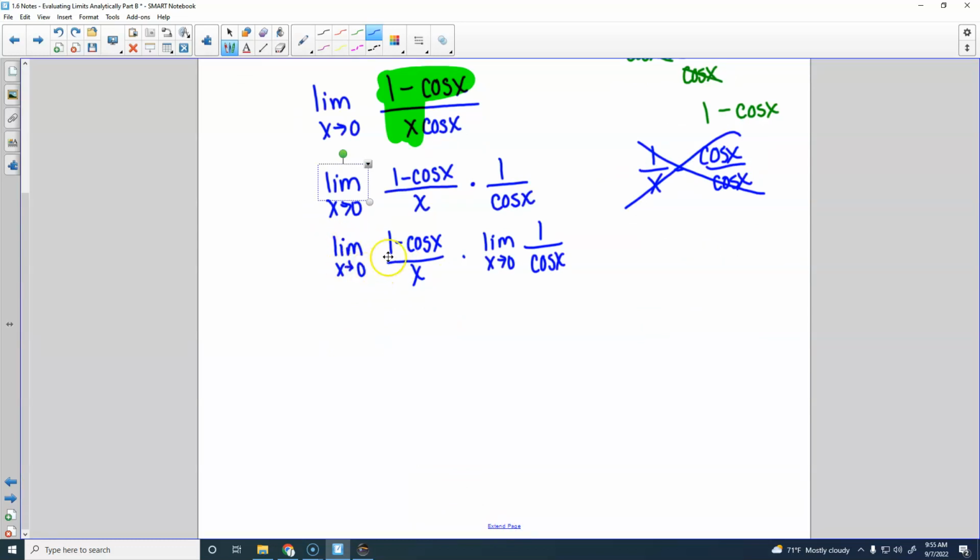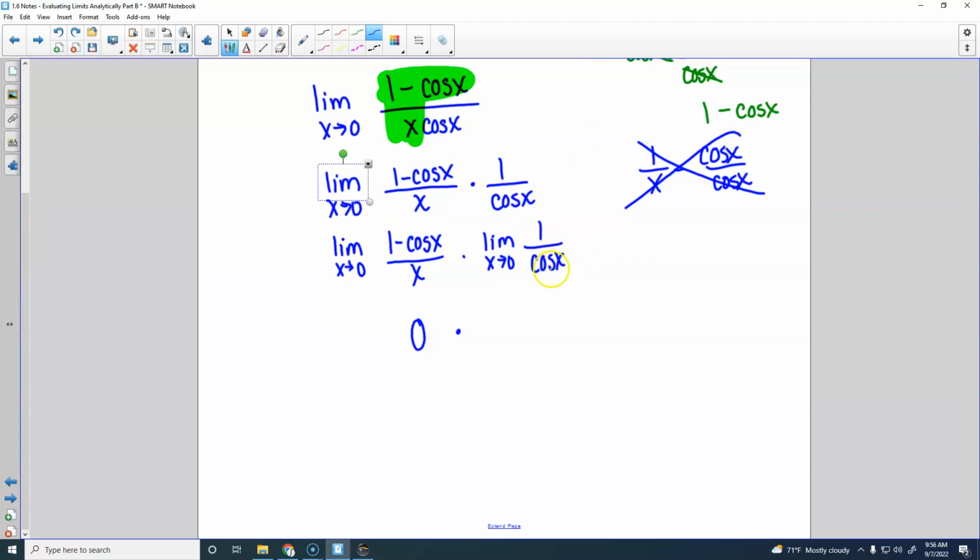What is the limit as x approaches 0 of 1 minus cosine x over x? That is 0. That's the special limit. It does matter what the second limit equals, even though 0 times anything equals 0, because you want to make sure that this doesn't give you something that's undefined. Because if it's undefined, then the limit can't exist.